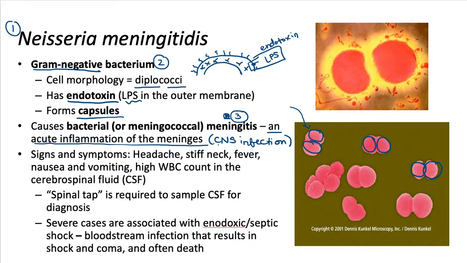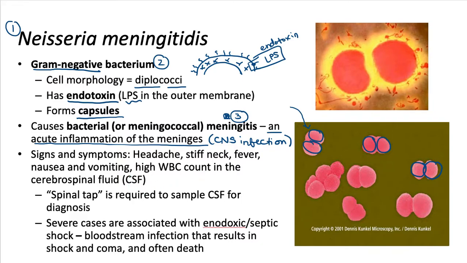Common symptoms of meningitis include a headache and a very stiff neck, potentially some nausea as well. That's also a sign of neurological inflammation. Some signs will include a very high fever, and a high white blood cell or neutrophil count in the cerebrospinal fluid.